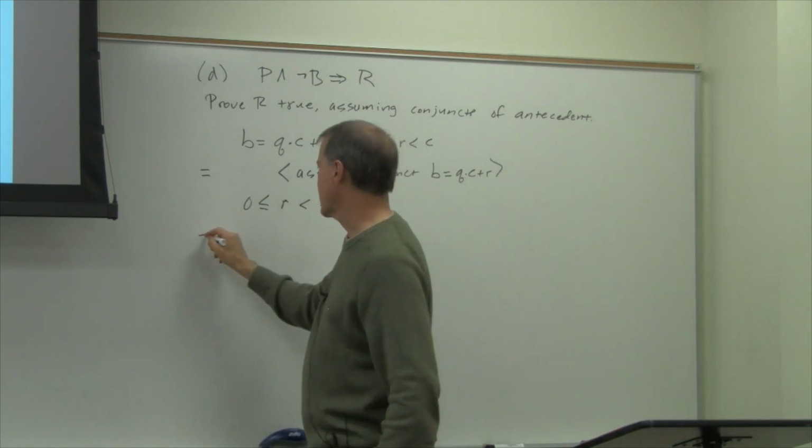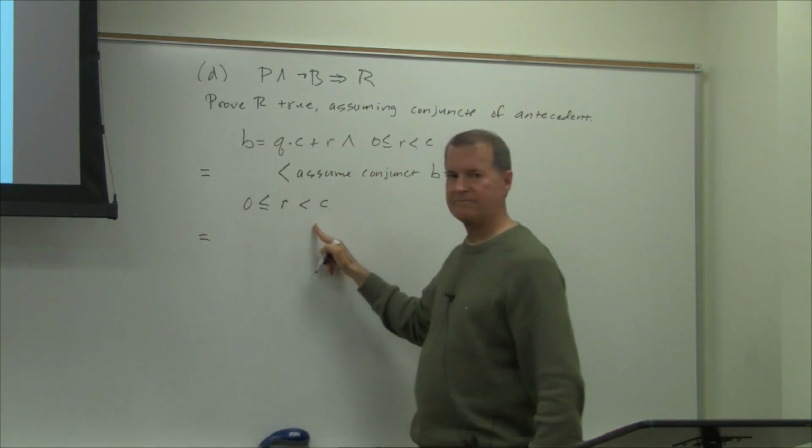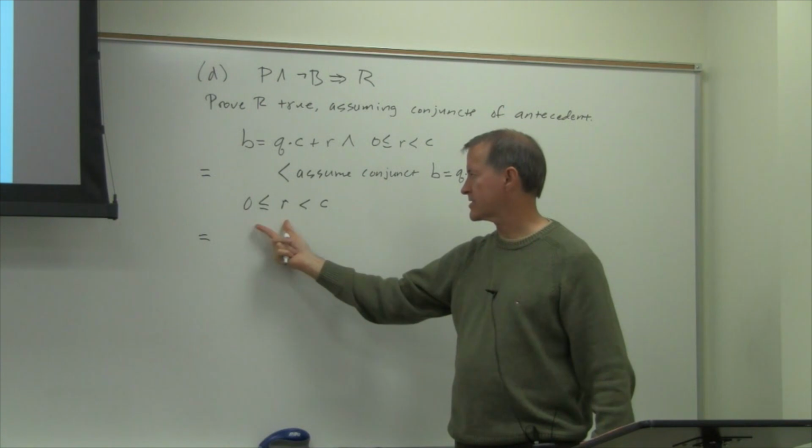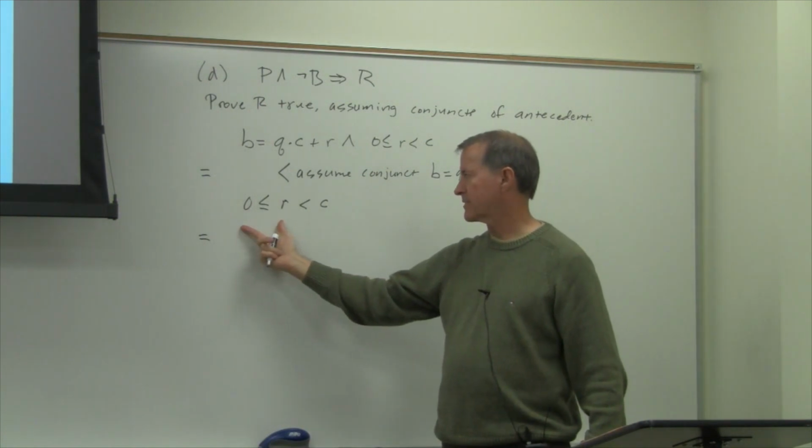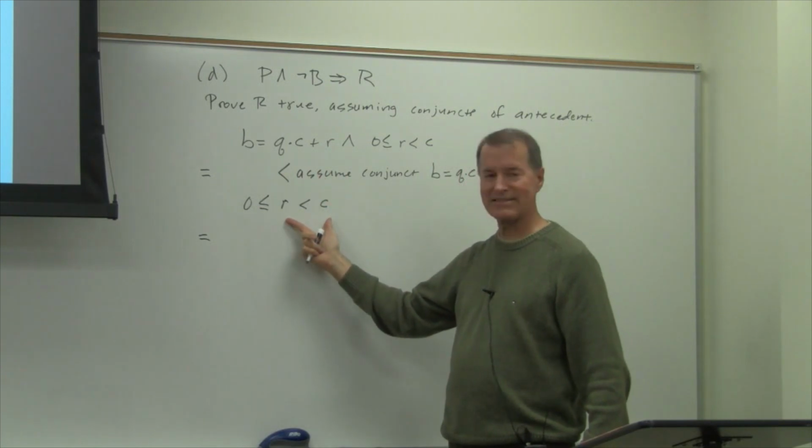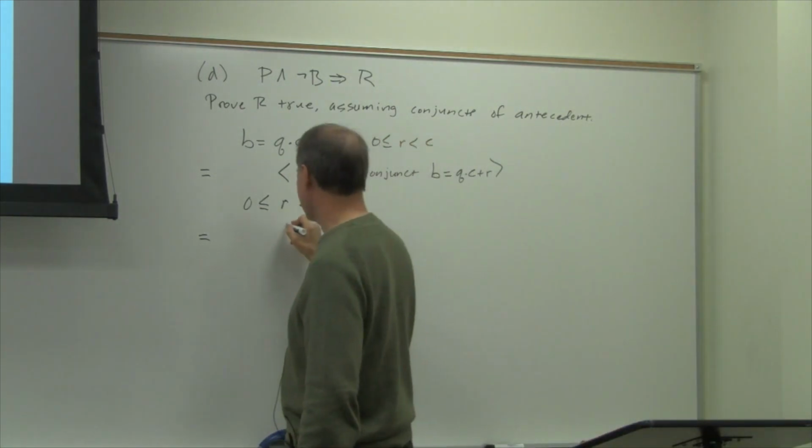Now, how do we handle something like this, though? Well, what does this actually mean? This 0 is less than or equal to R, and R is less than C. So that's conjunctive meaning, right?